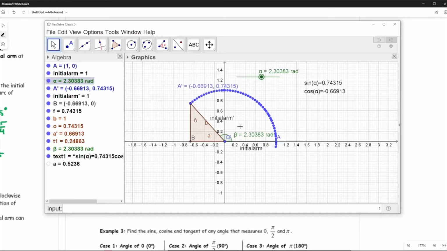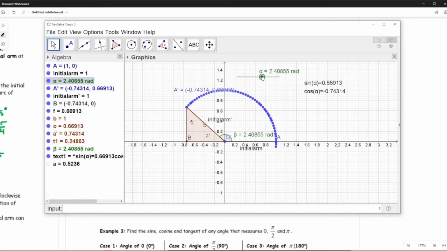But my number, which is bigger than quadrant 1, has a negative cos and a positive sine, because in this quadrant x is negative but y is still positive, right? Y is the sine and y is still positive. When we move into the third quadrant, since x is negative and y is negative at the same time, I'm expecting both sine and cos to be negative in that region, right?